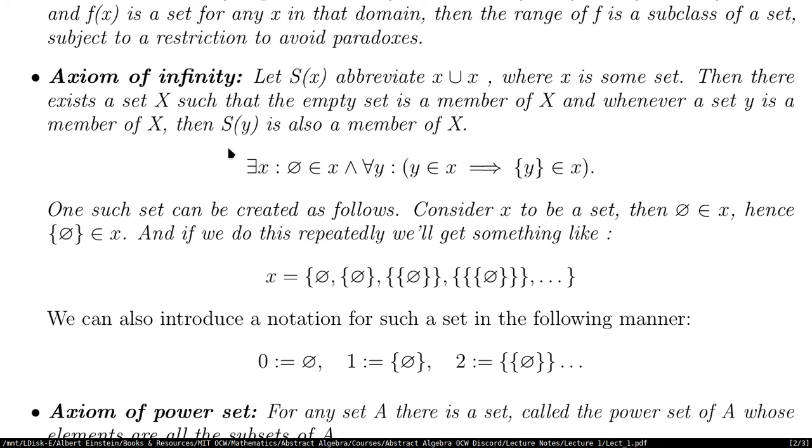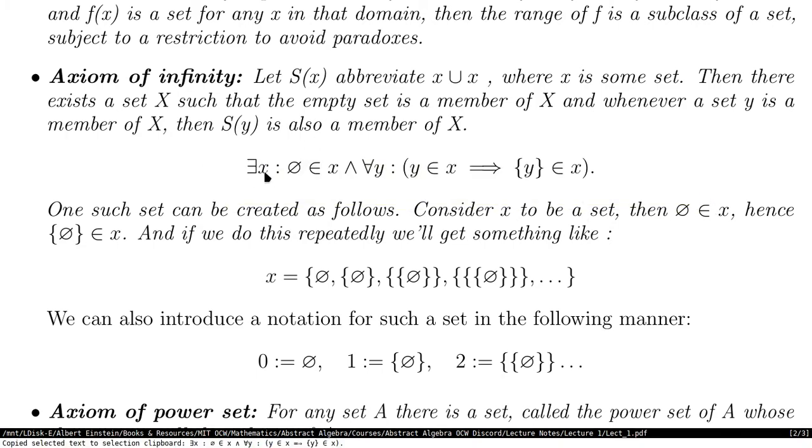So this is what it says: there exists such an x such that the null set is in x, and for all y, if y is in x, then S of y is also in x. In the slide it's written differently, but this is supposed to be S of y; that's a typo. S of y is also in x, or y union y.